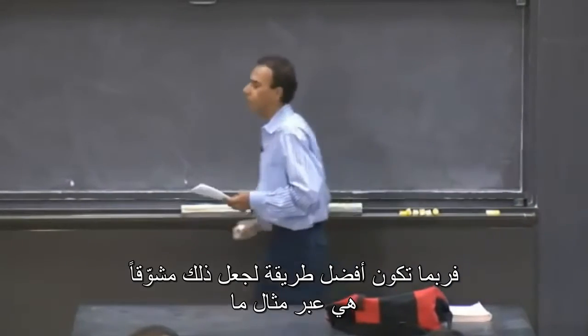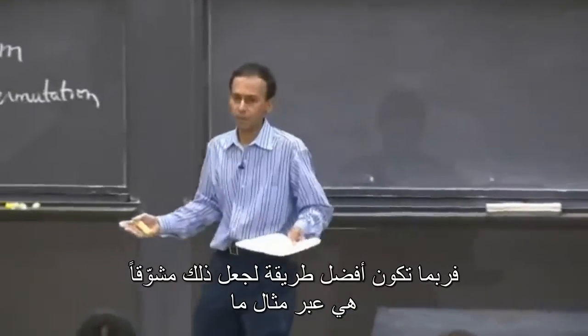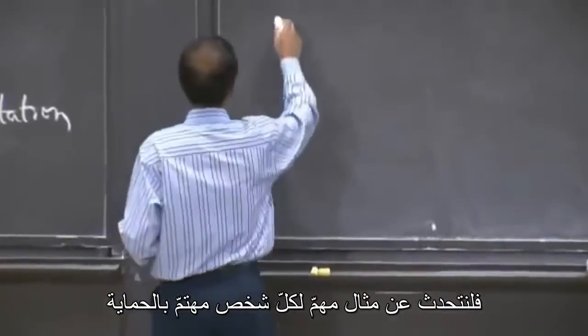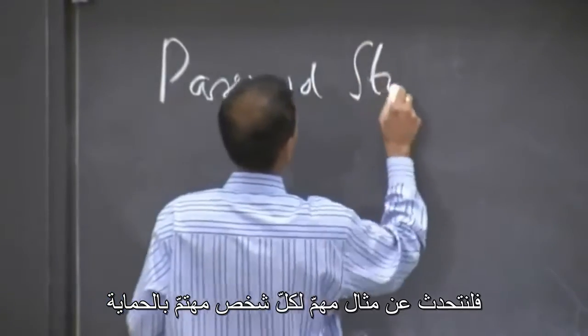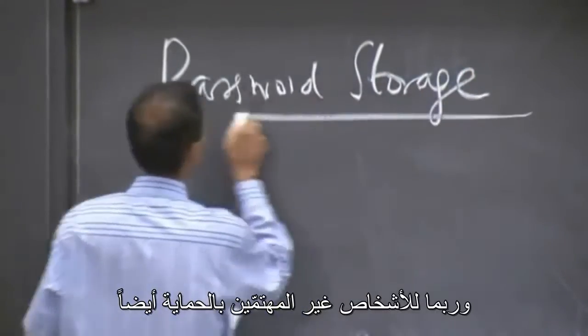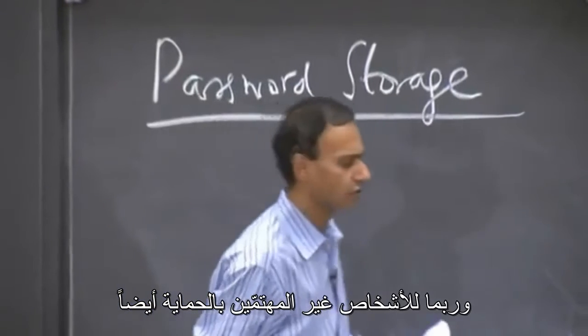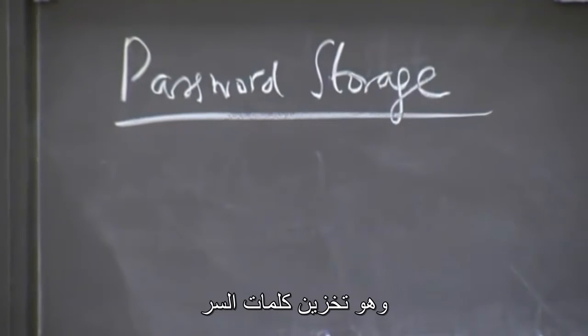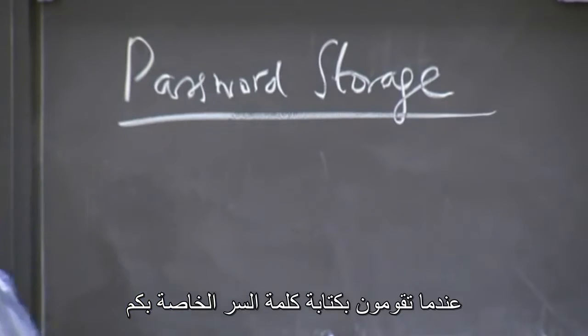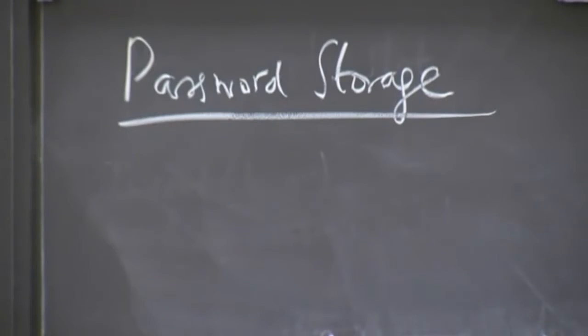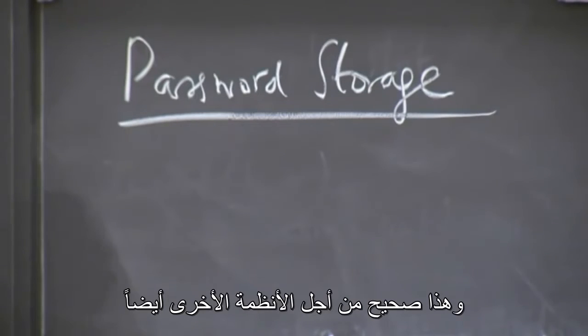So maybe the best way of motivating this is through an example, right? So let's talk about an example that is near and dear to every security person's heart, and probably to people who aren't interested in security as well, which is password storage. Okay? So think about how, let's say, Unix systems work when you type in your password. You're typing in your password into Athena, and this is true for other systems as well.